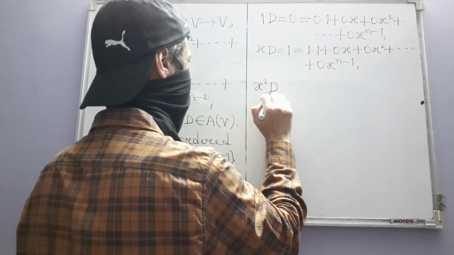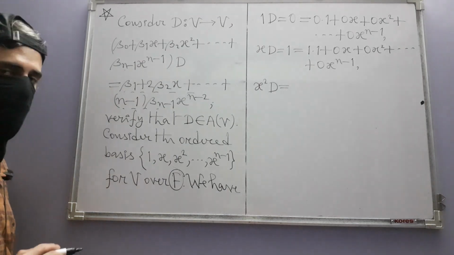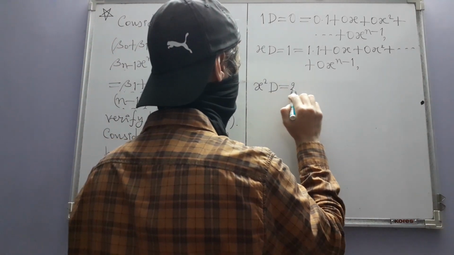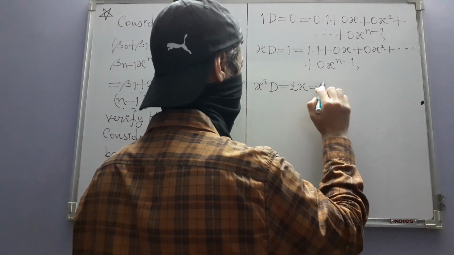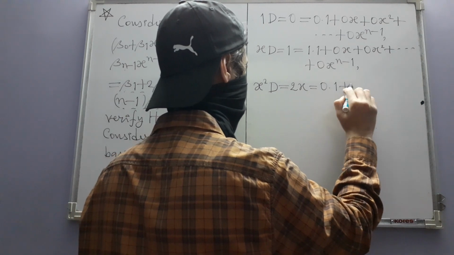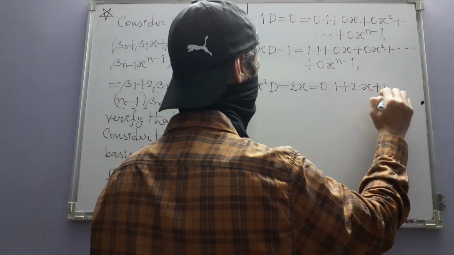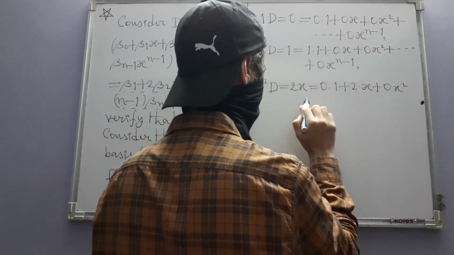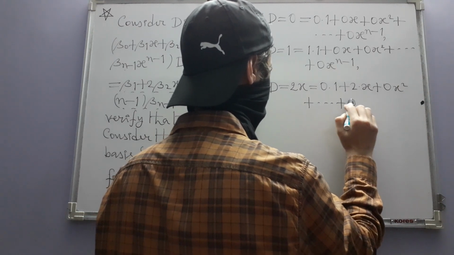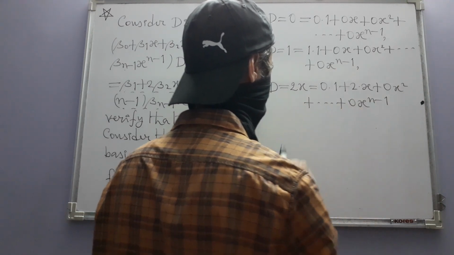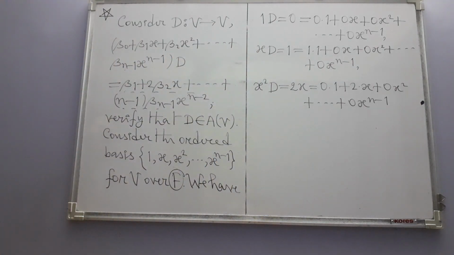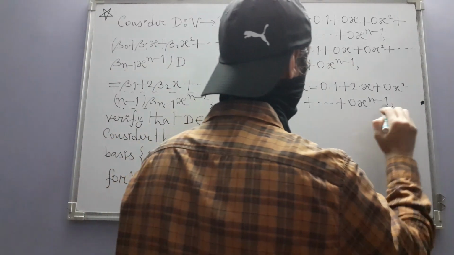Let us write one more, x square D, that is 2x. So that is 1 plus 2x plus 0x square plus 0x to the power n minus 1. And we continue like this.